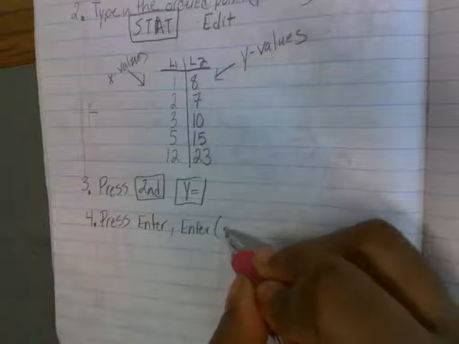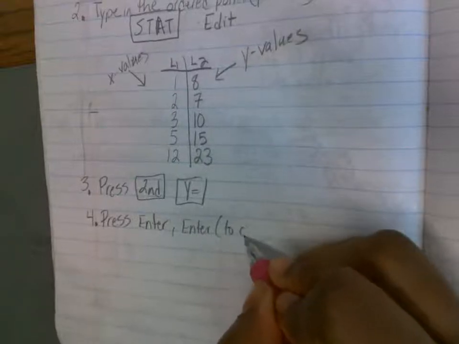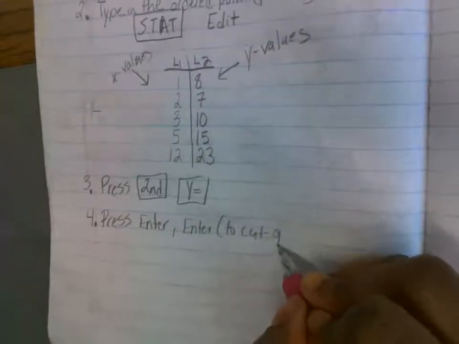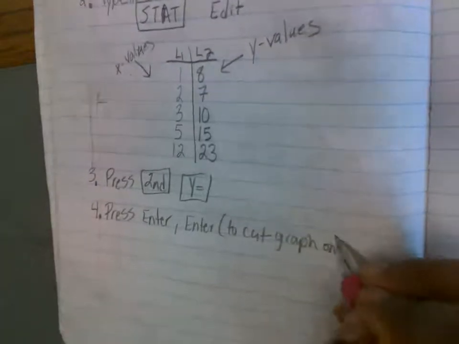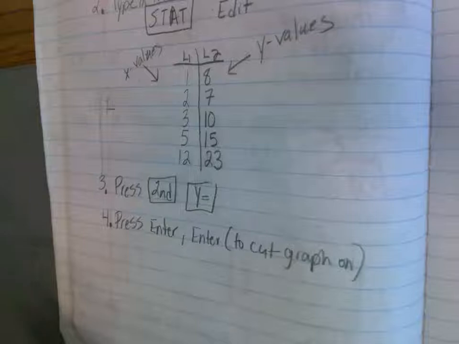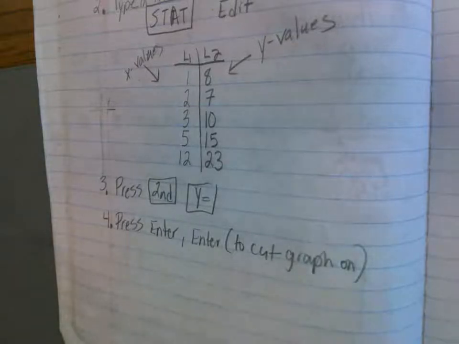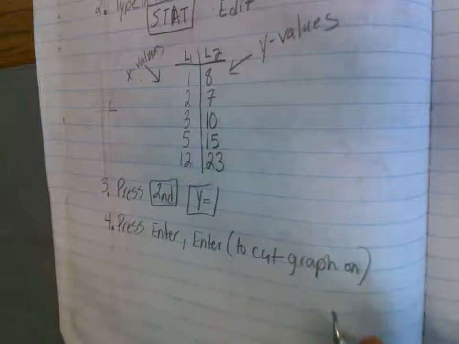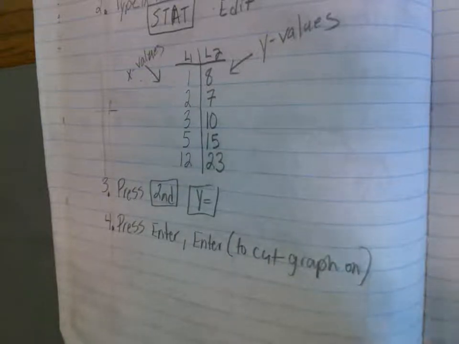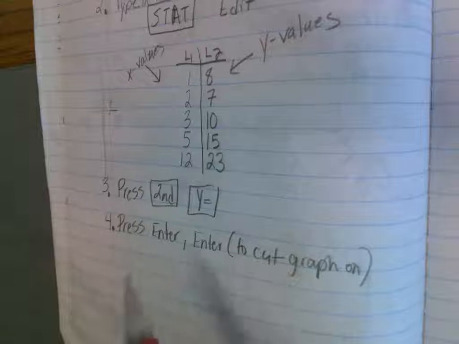The second time you press enter is actually to cut the graph on. It goes from off to on when you press the second enter. Please write this down so that you're able to do that later.